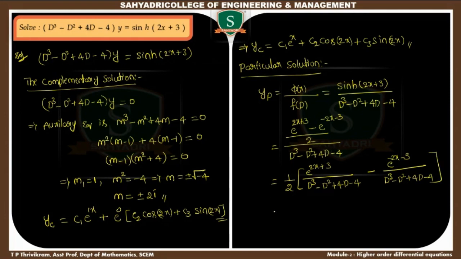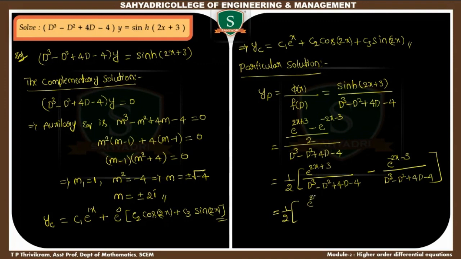So which is equal to 1 by 2 into... how much? Just substitute this x quotient in the numerator. Sorry, that is in the power. x quotient is how much? 2. So that 2 you have to substitute here.